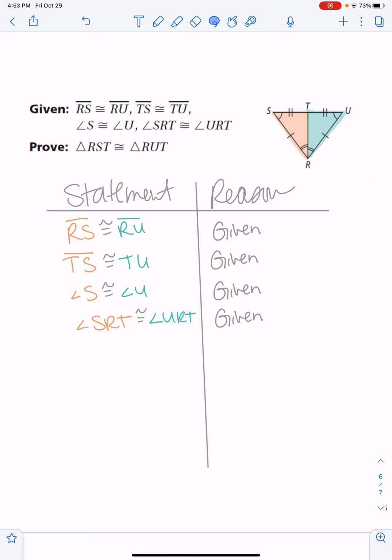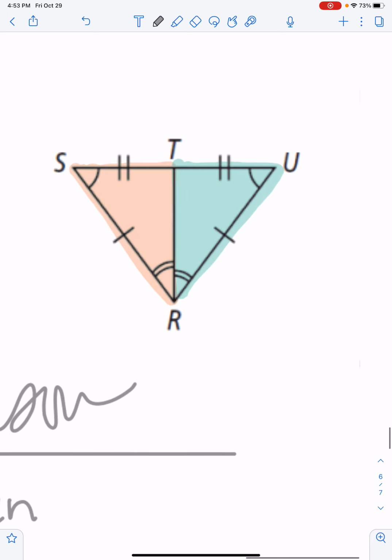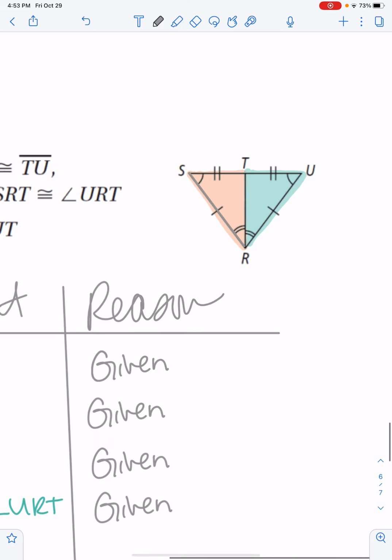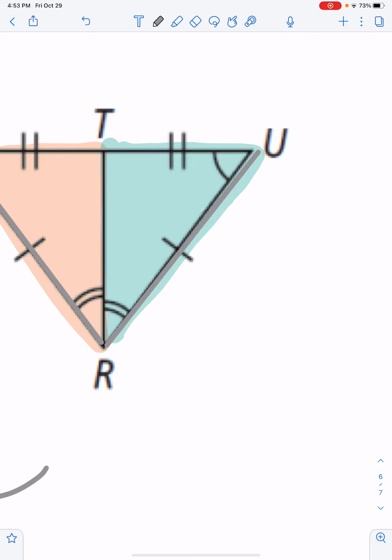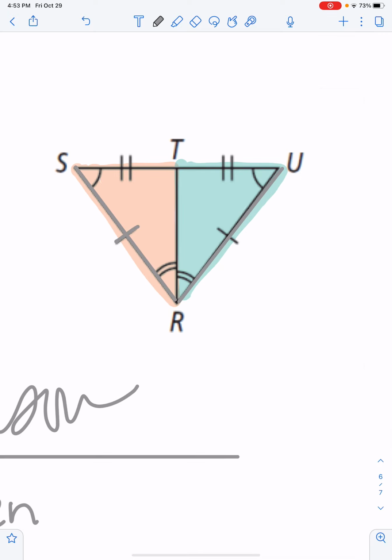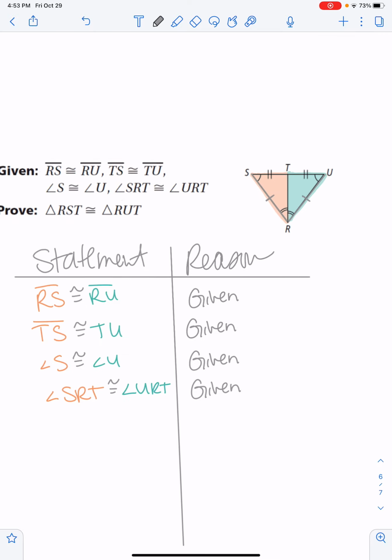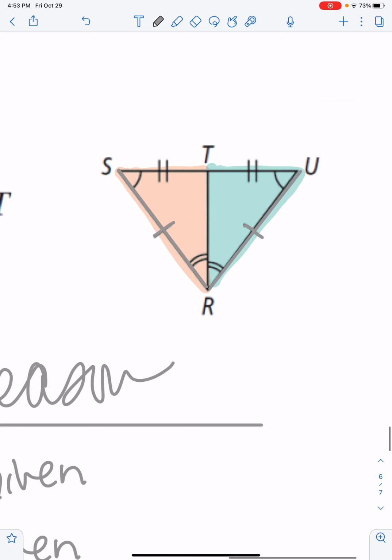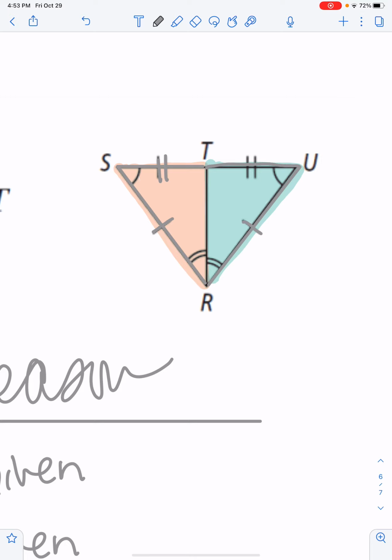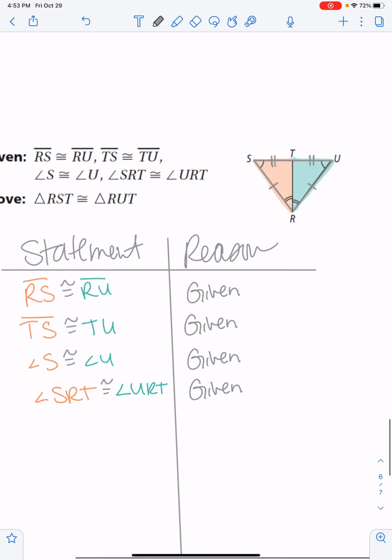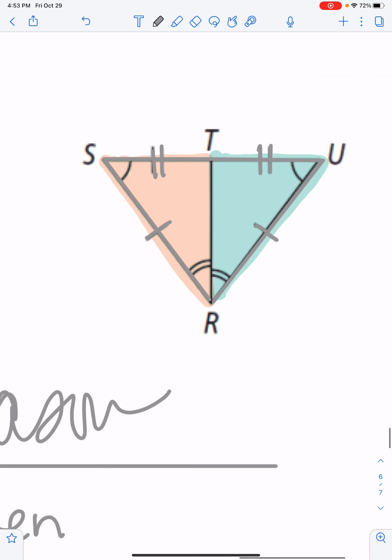Okay, so just kind of looking at it, it's saying right here, SR matches with RU, and that's given because of these right there. It also says TS and TU are the same, and that's because this has those little 2 marks. Angle S and angle U match up, and that's given from this.